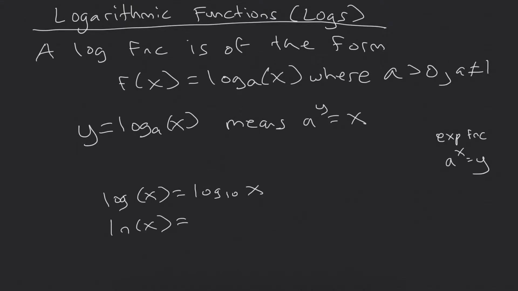And if you ever see ln of x, that is shorthand for log base e of x. So we talked about e in our previous section. So natural log, ln stands for natural log. I'm not sure where the l and the n come from, but natural log of x is log base e of x. So just two special ones there.